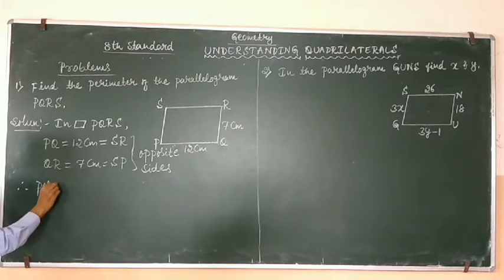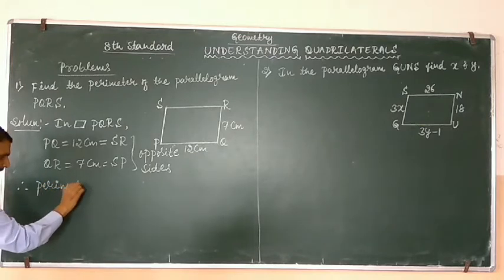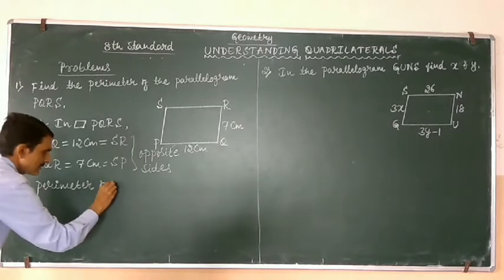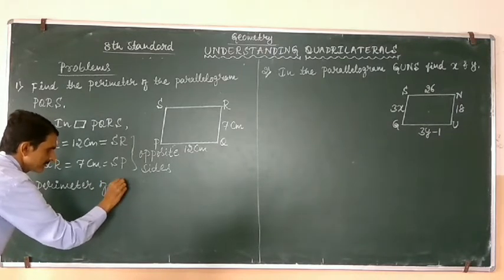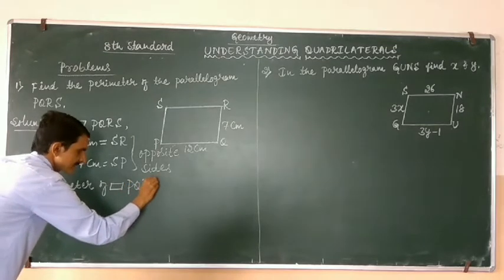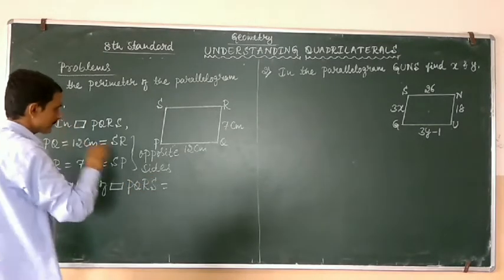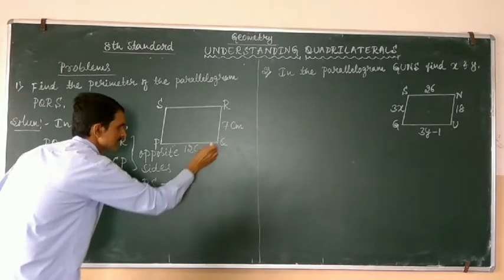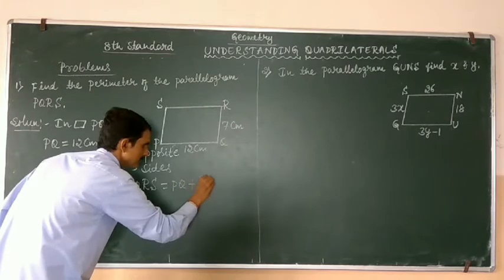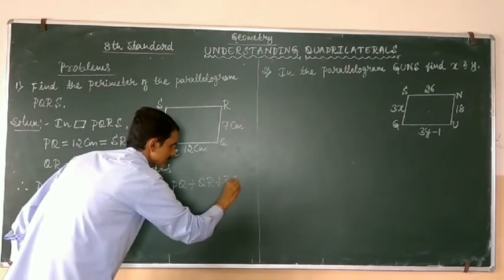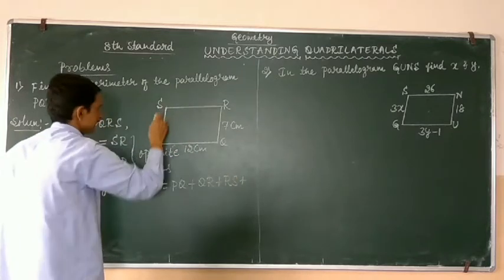Therefore, perimeter of parallelogram PQRS is equal to the sum of four sides: PQ plus QR plus RS plus SP.